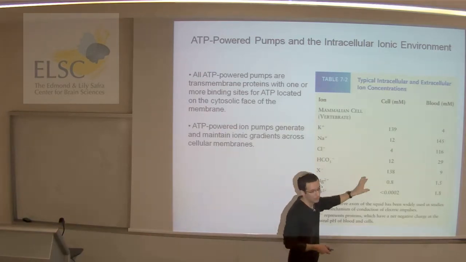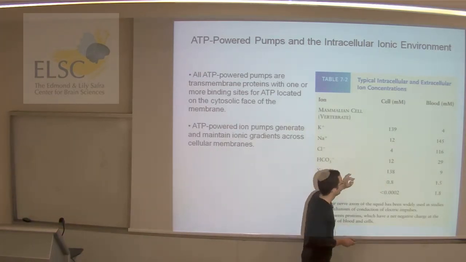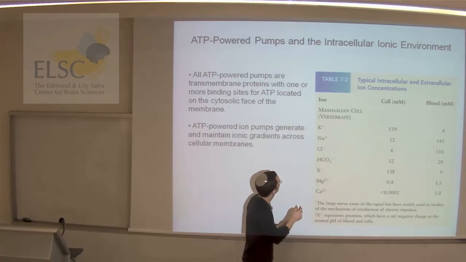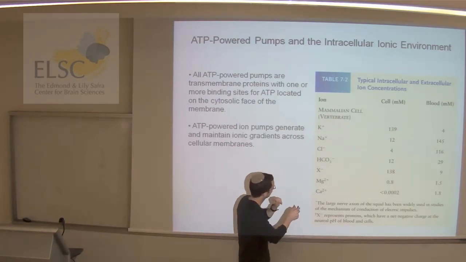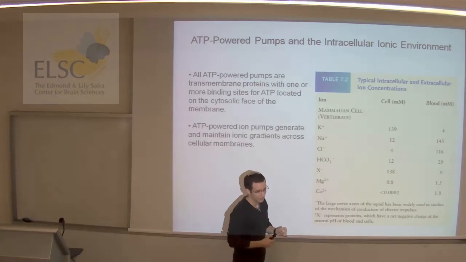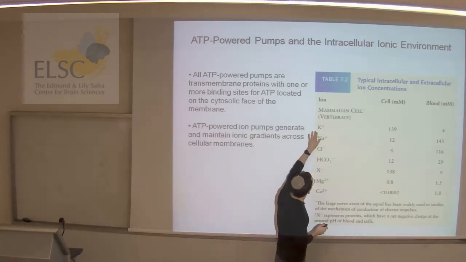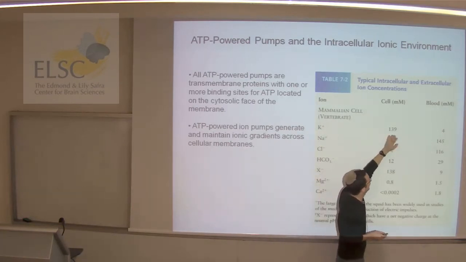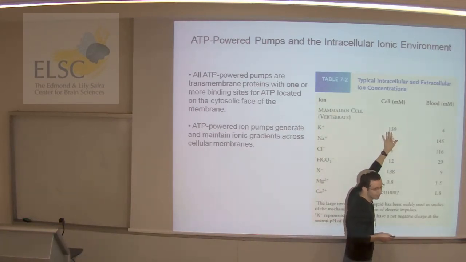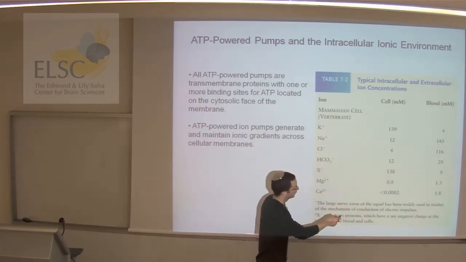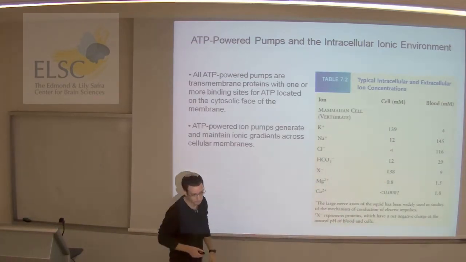And you don't have to remember all this table by heart, but for the first three ions, potassium, sodium, and chloride, you do have to remember on which side of the membrane you have a higher level. So it's quite easy to remember. Only potassium has high concentrations inside the cell, and sodium and chloride are in high concentrations outside of the cell.